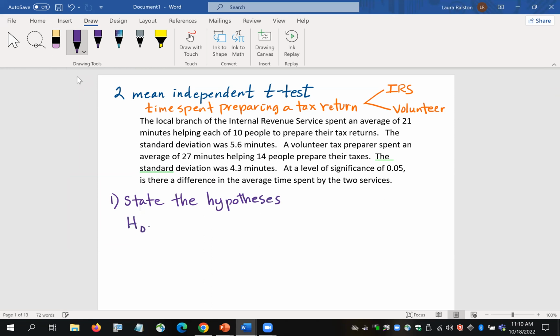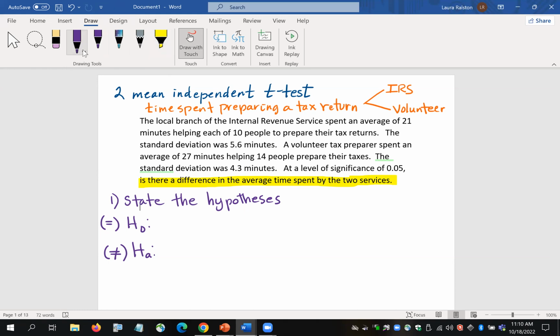And so we have the null, which always in some form contains equal, and we have the alternative, which in some form will not contain equal. Okay, so my last sentence says, is there a difference in the average time spent by the two services?